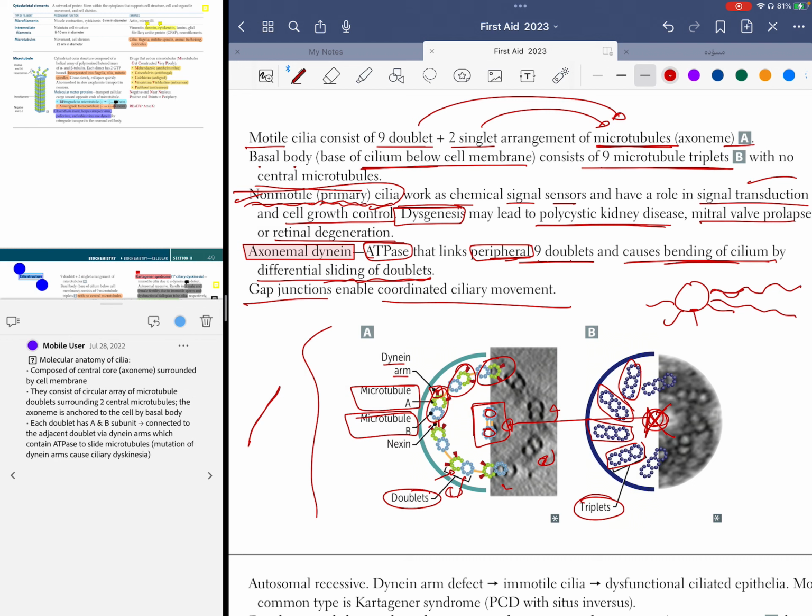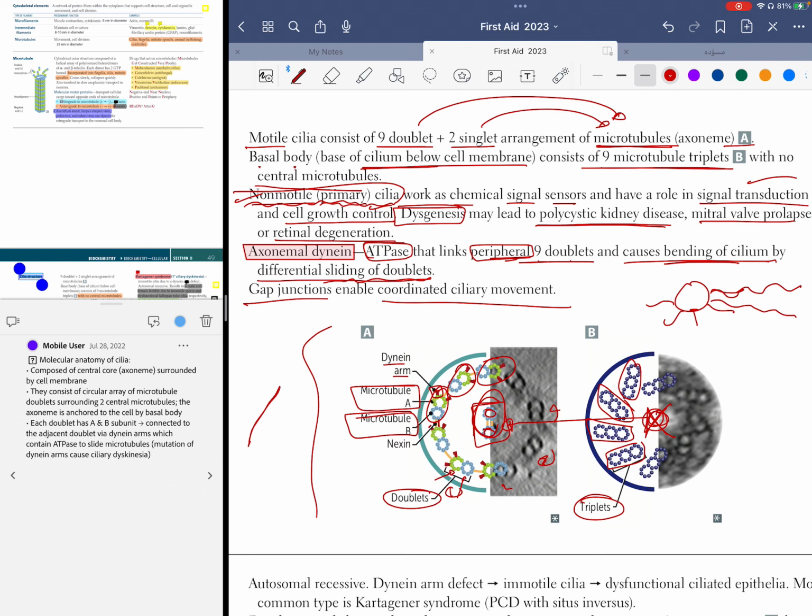They consist of a circular array of microtubule duplets surrounding two central microtubules over here. The axoneme is anchored to the cell by the basal body, the main cell that it is coming out of. Each duplet has A and B subunits.